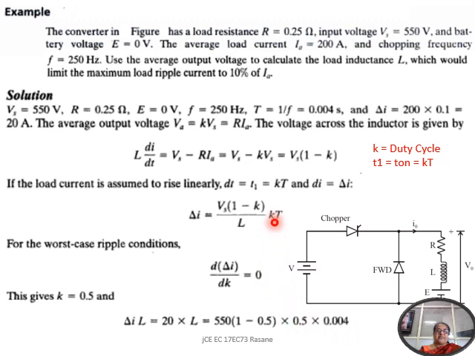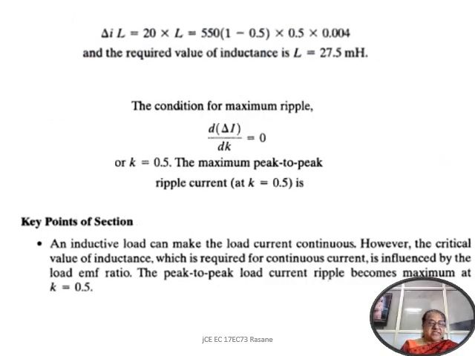K is 0.5 and T is nothing but 1 by the given frequency, which we have got as 0.004. I have just substituted the values. Note that in this equation only L is unknown, and this is what they have asked you to find: use the average output voltage to calculate the load inductance. So we are evaluating the load inductance L using the average output voltage. When I substitute, I get the required value of inductance L as 27.5 millihenries.